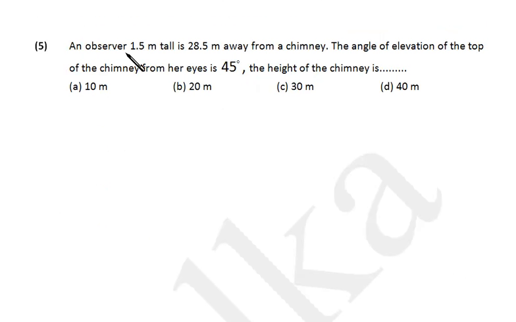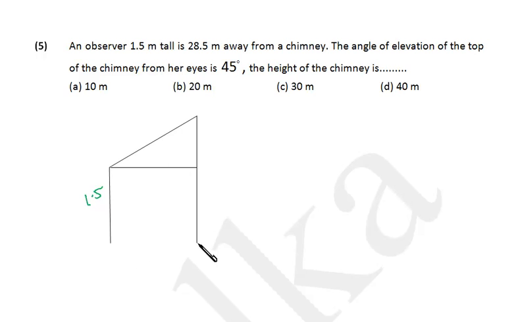Now this, an observer 1.5 meter tall is 28.5 meter away from a chimney. The angle of elevation of the top of the chimney from her eyes is 45 degree. What is the height of the chimney? So let's draw the diagram first of all. Now this is the diagram. This is the person, 1.5 meter tall.